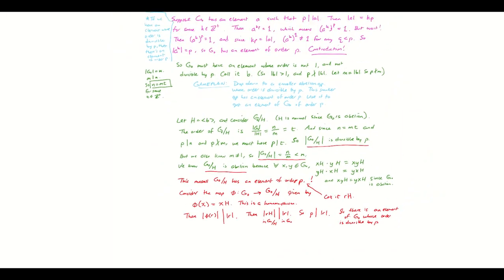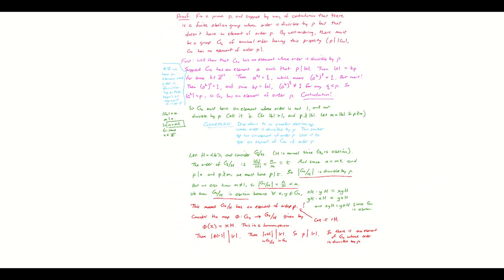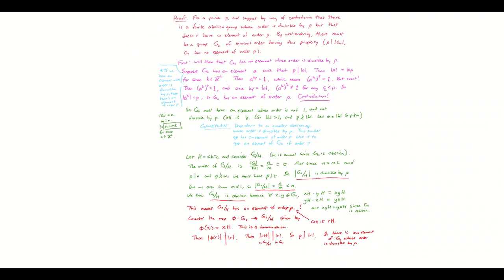Now, one thing you may remember is that if I just zoom out a lot, because I've written a lot here, my goodness. One thing that we had in the margin over here was this note from earlier. If we have an element whose order is divisible by P, then there's an element of order exactly P. And now we have that.